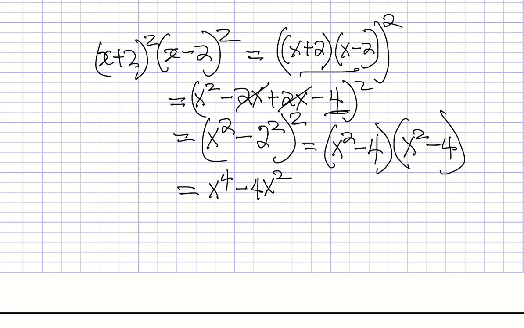Alright, see that? And then we'll start with negative 4. Negative 4 times x raised to the power 2, you get negative 4x raised to the power 2, right? And then negative 4 times negative 4, you get plus 16, you see?